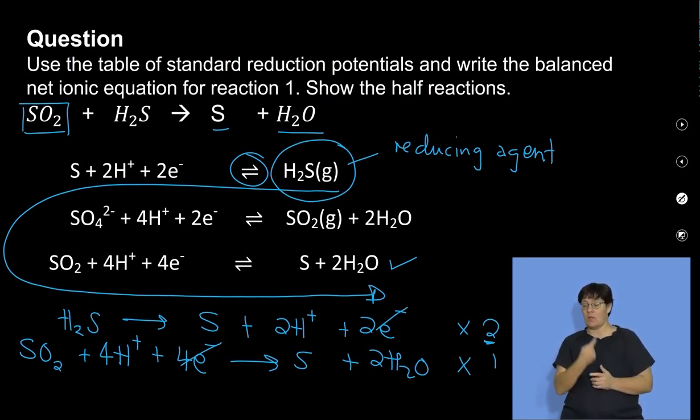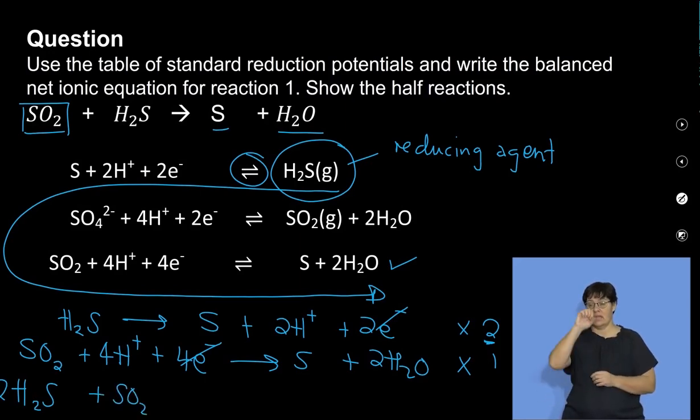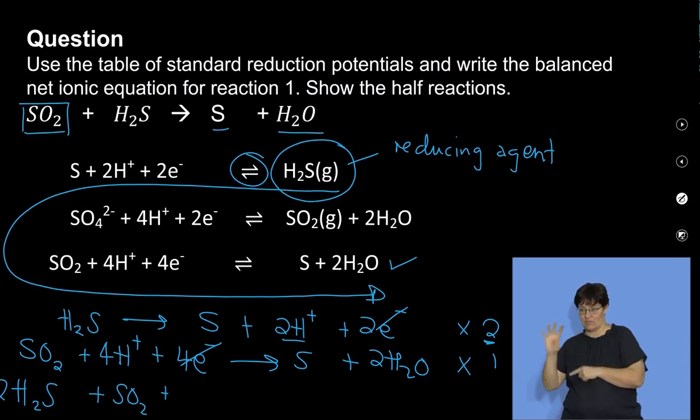And then what are we saying? If we multiply this by 2, it's going to be 2 hydrogen sulfide, right, plus sulfur dioxide, okay? Plus, on the left, we'll have 4 hydrogen ions and 4 on the right because we'll multiply 2 by that 2. So these will actually take care of each other. So we can remove the hydrogen ions.